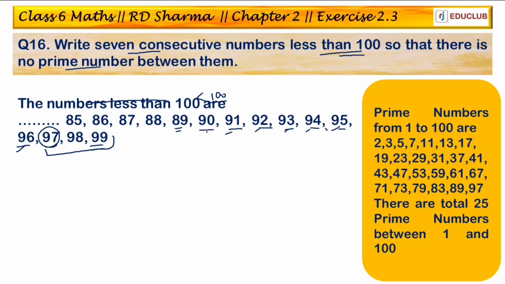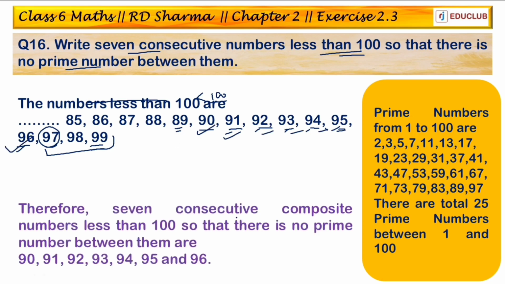So these are 7 numbers, which are consecutive. Therefore, 7 consecutive numbers less than 100 so that there is no prime number between them are 90, 91, 92, 93, 94, 95 and 96.